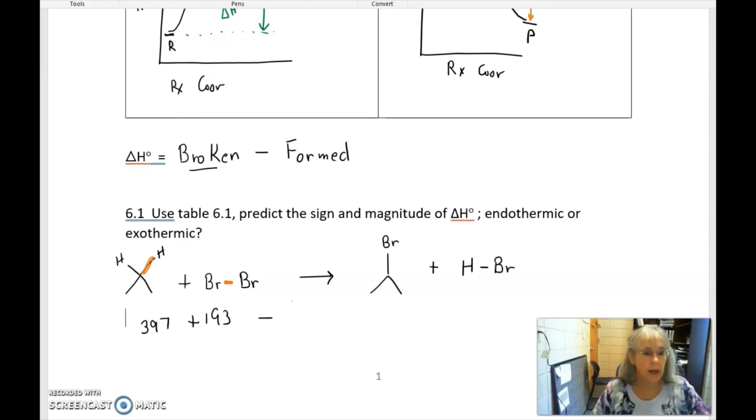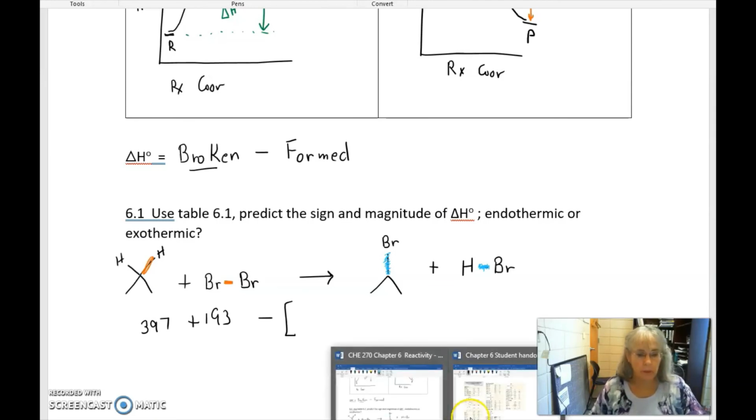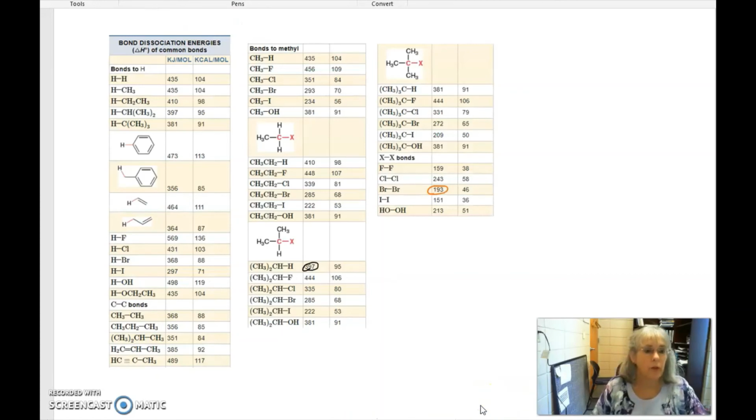Now we're going to subtract off the bonds that are made. This carbon-bromine bond is made, and this hydrogen-bromine bond is made. We go back to our table. We're looking for a carbon that's bound to two other carbons and then something else. So this would be our number right here.